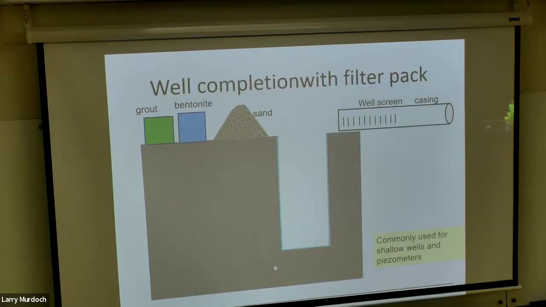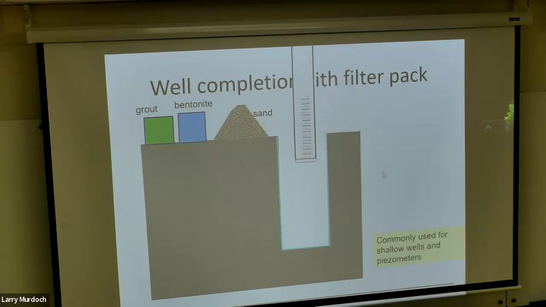So probably the most common technique for creating a shallow well looks like this. You've made a hole here using a drilling technique, well, any of those techniques that we saw, the auger or air rotary. And then this is going to go in the ground, in the hole.